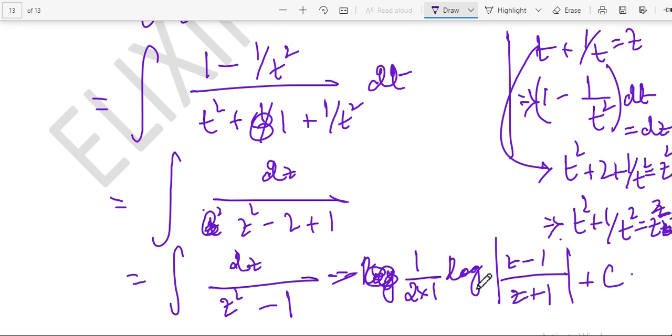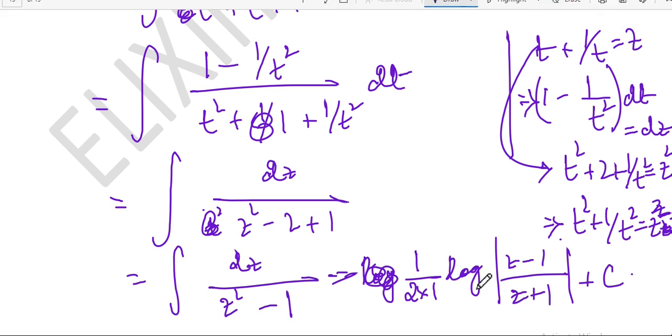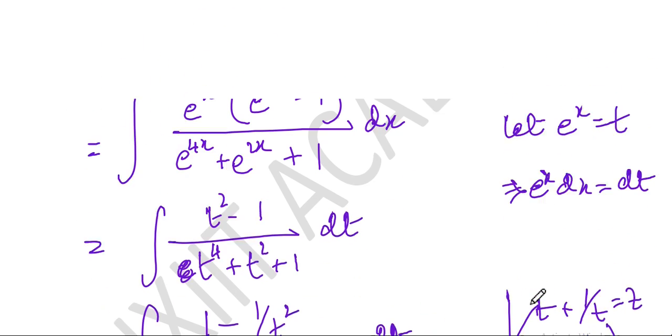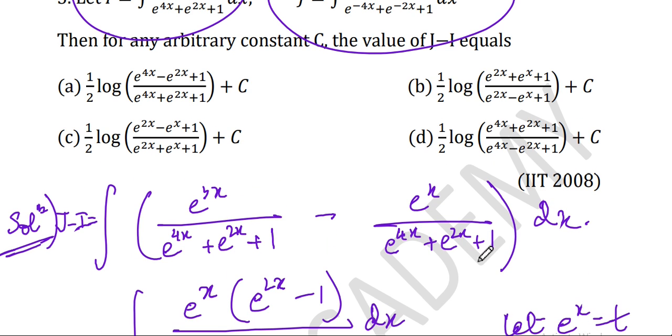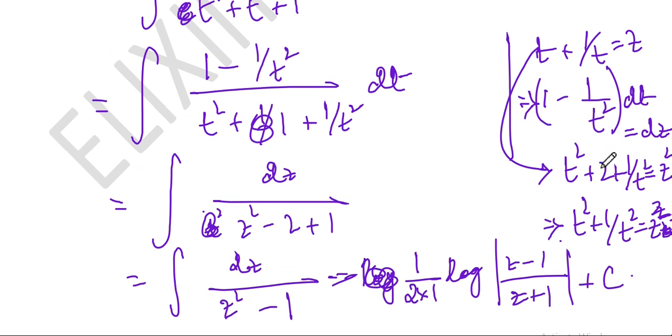Now what do we have to do? We have to simply replace the value of z by t plus 1 by t, and then again replace the value of t by e to the power x, and after that you have to adjust and write it.